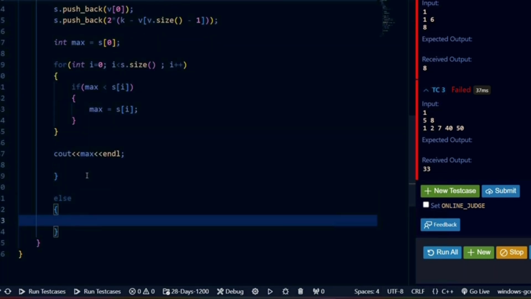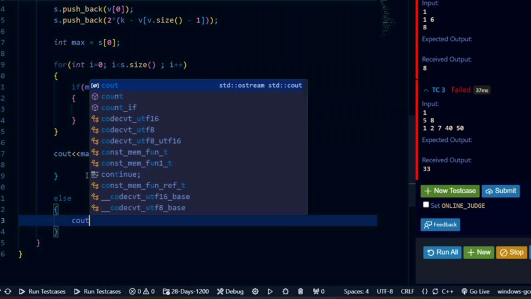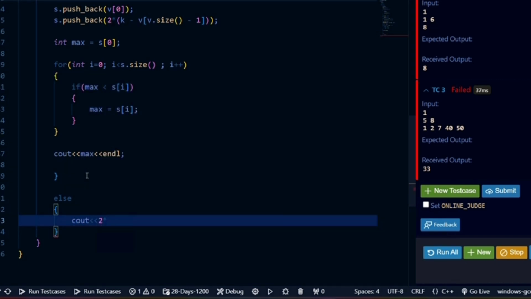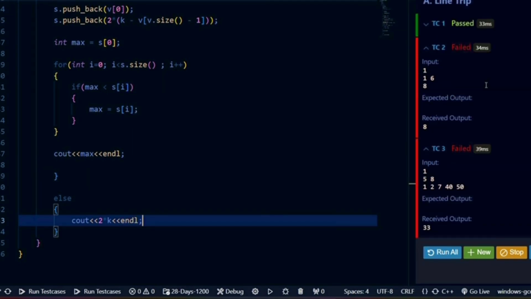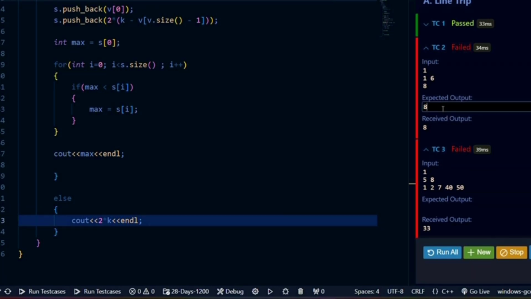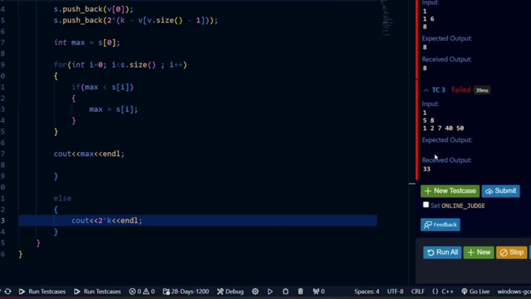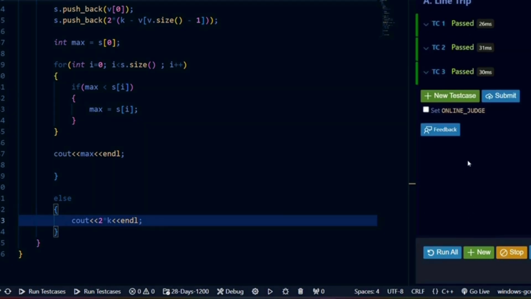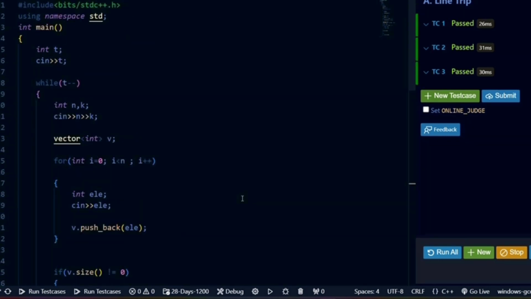Else, what I am going to do is print twice of k. As simple as that. That would be my answer. Let me output 8 here, 30 here. All got passed. This is how things work.